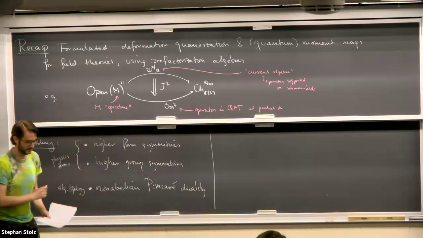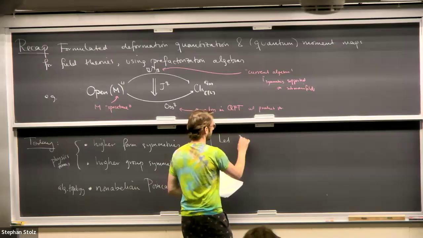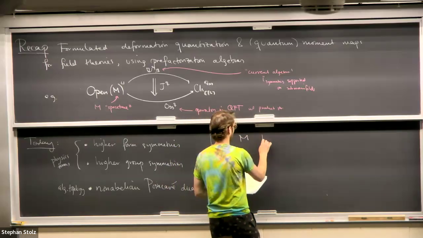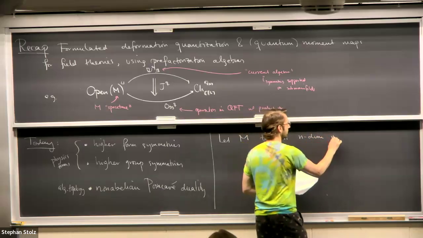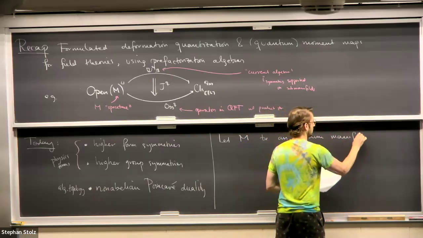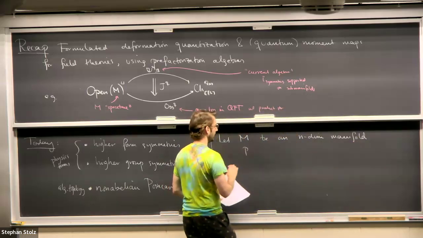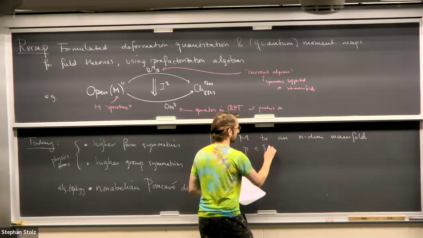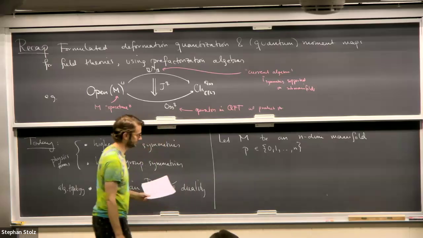So, the higher form symmetries. Here's the setting. Again, we're going to have a manifold. So I'm going to start with an n-dimensional manifold. I'm going to pick P, which is a whole number between 0 and n.